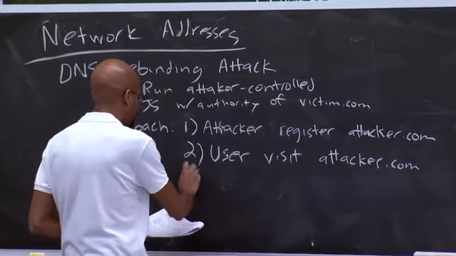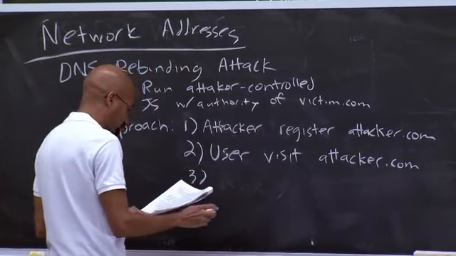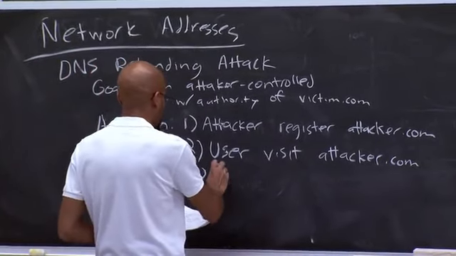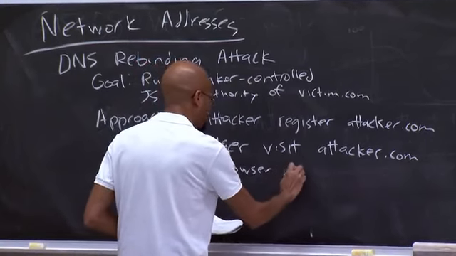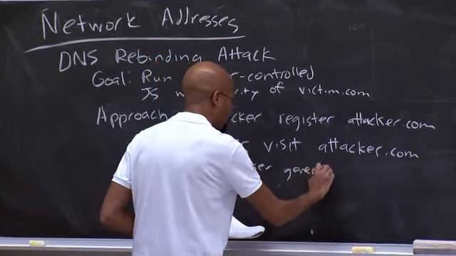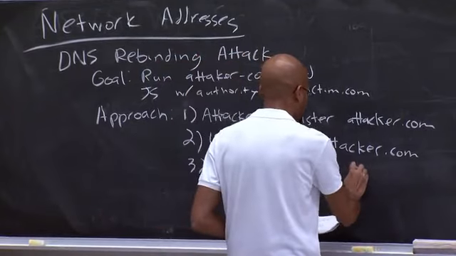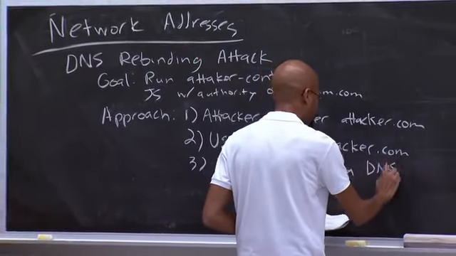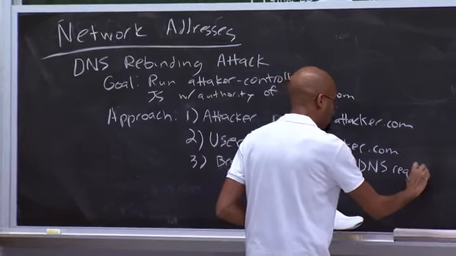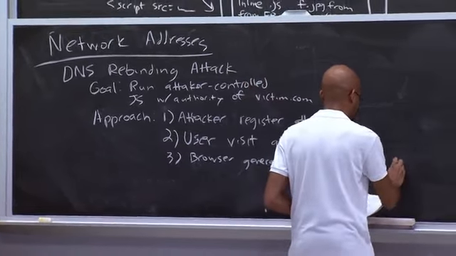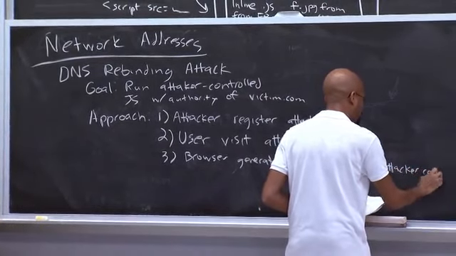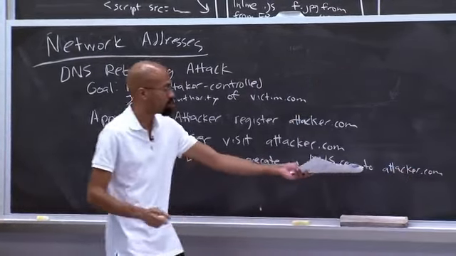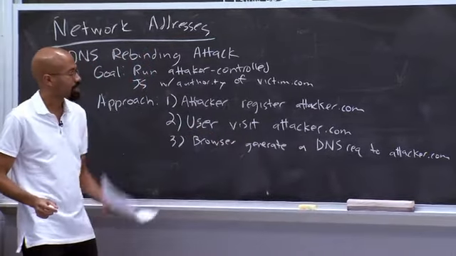So what's going to happen? This is actually going to cause the browser to generate a DNS request to attacker.com, because this page has some objects that live in attacker.com.